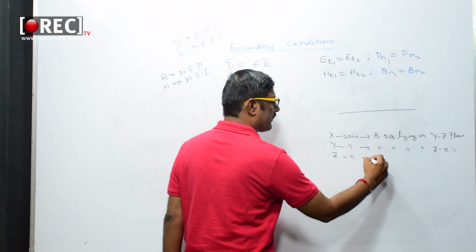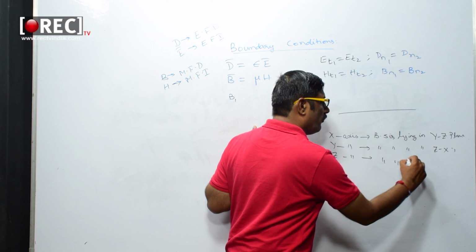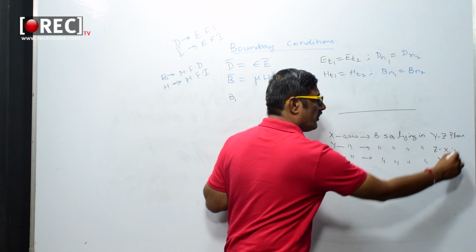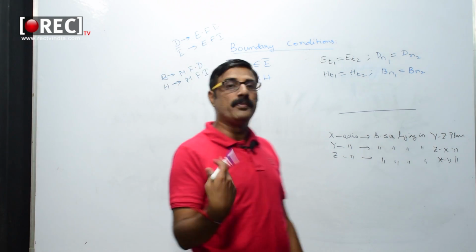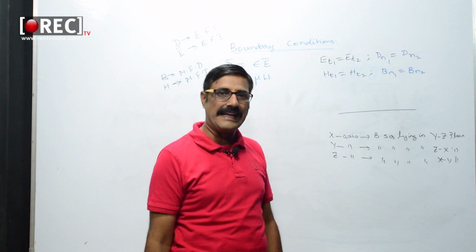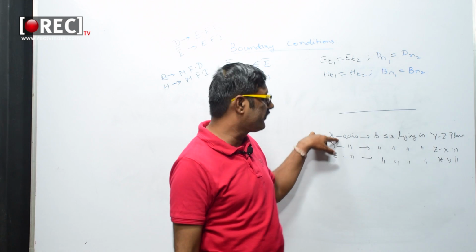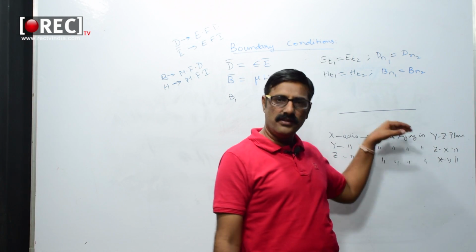Similarly, if the z-axis is acting as the boundary, then the boundary surface would be lying in the xy plane. This is how we come to a conclusion about which plane the boundary surface is lying in. When the x-axis is dividing the two dielectrics, the boundary surface lies along the yz plane, and similarly for the remaining two.